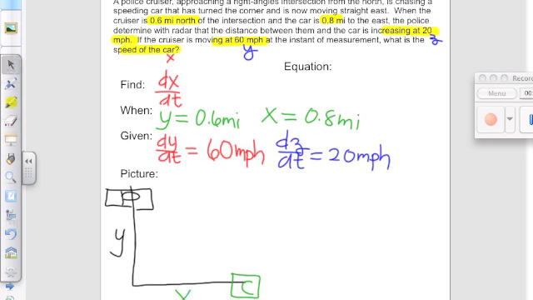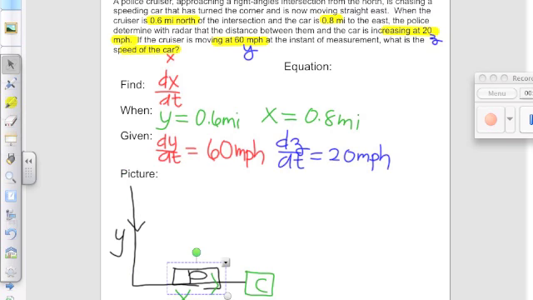And we're going to call this X. At any given time, I don't know exactly where these cars are. All I know is this car is moving from here to here, at the same time the police car is trying to chase it. So we're trying to find its speed at these two particular times.